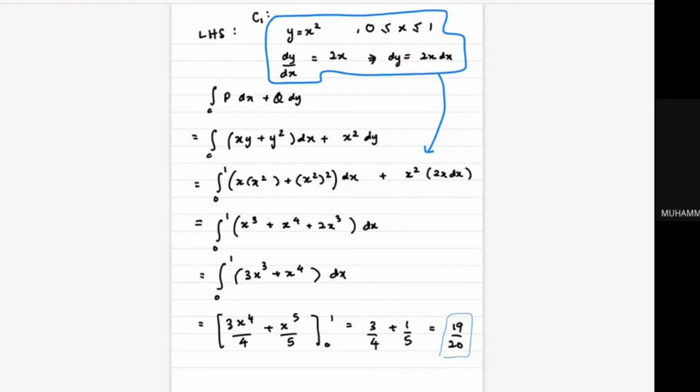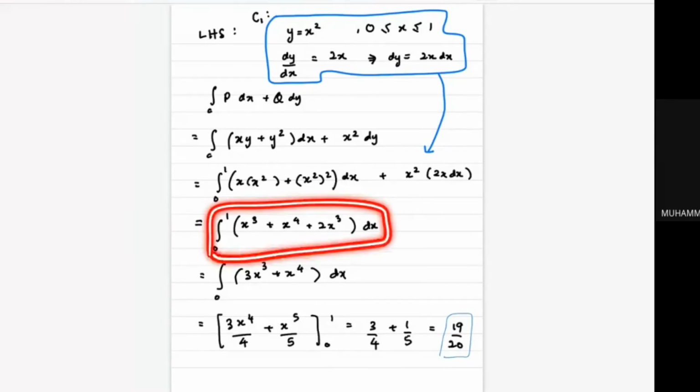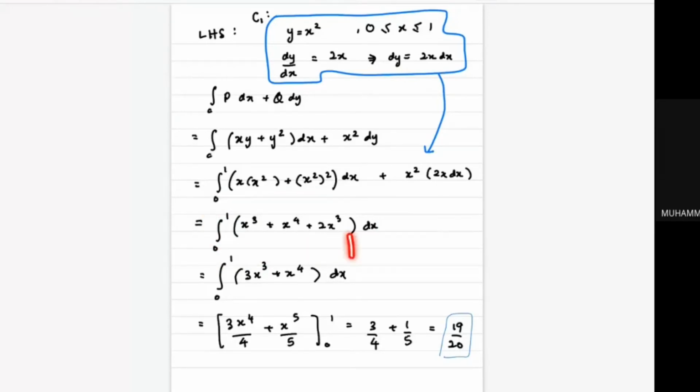So you will get only x parameter, no more y in your equation here. All x parameter. After you get this, simplify this, then you can solve this integration.